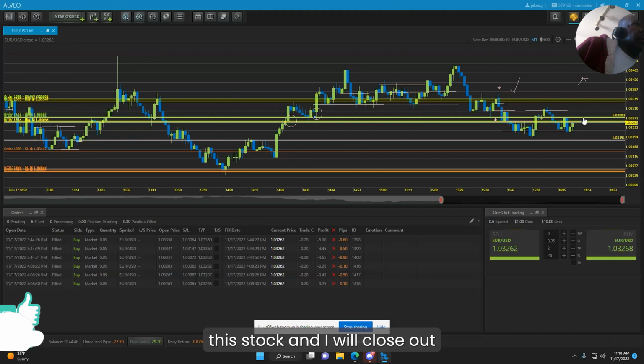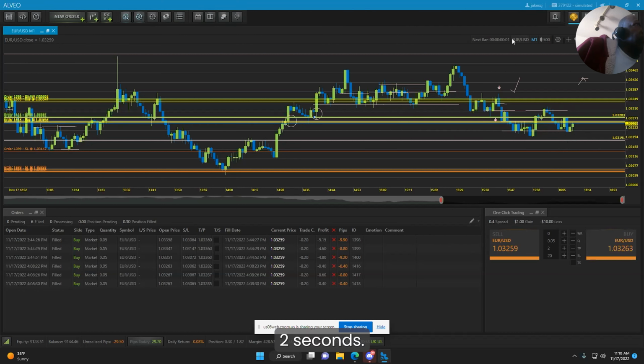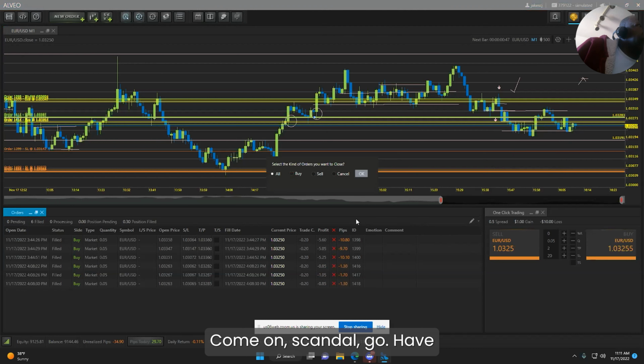Take out this stop, then I will close out. Next candle, take it out. Come on, next candle go up.